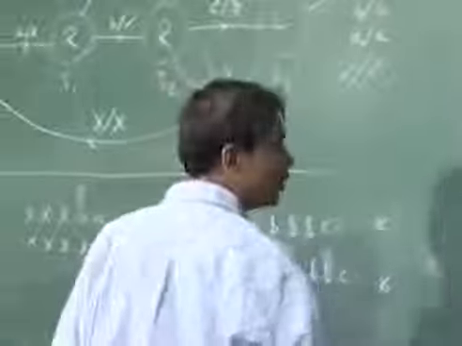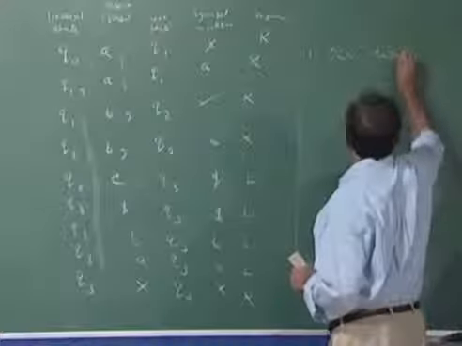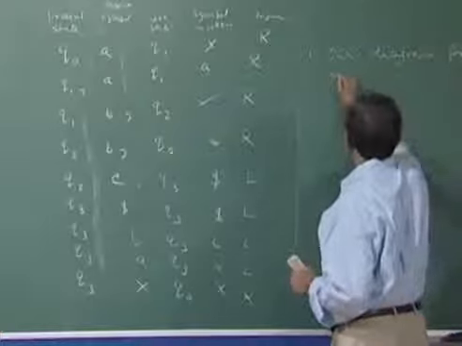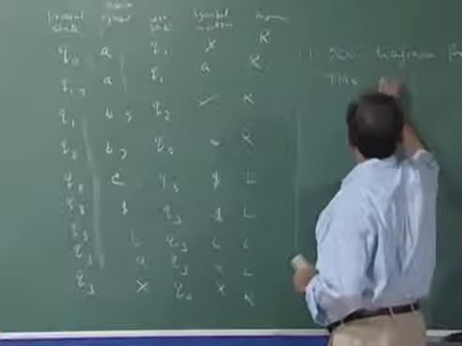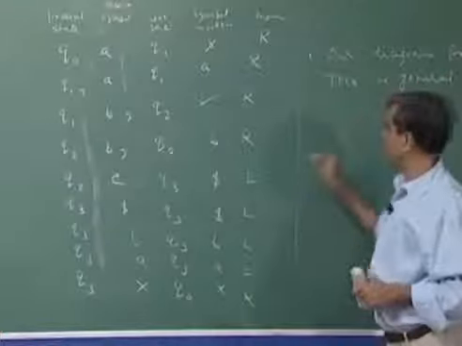So, that is point number 1. Our diagram for Turing machines is general enough.